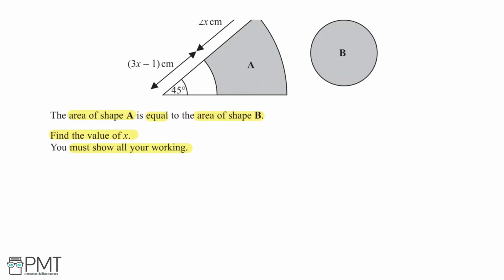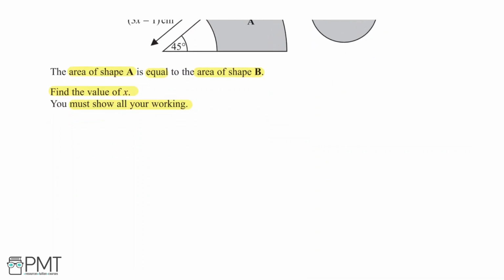So, the first thing to do is to find the area of shape A. So we're going to say area of shape A is going to be area of sector minus the cutout.